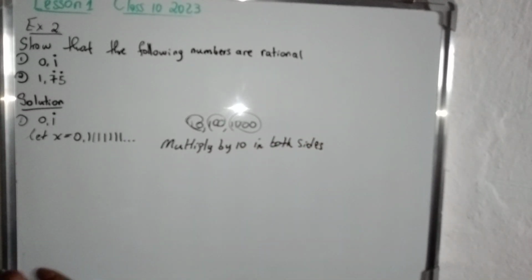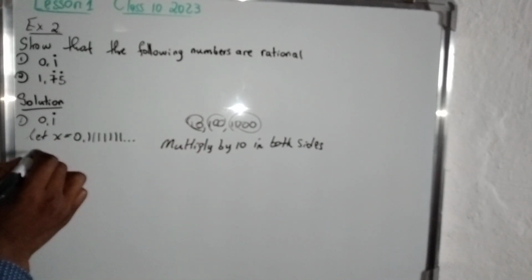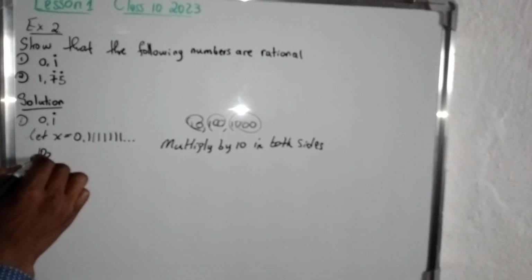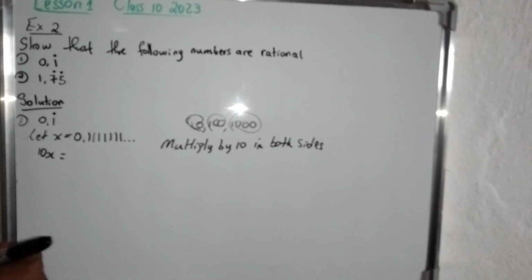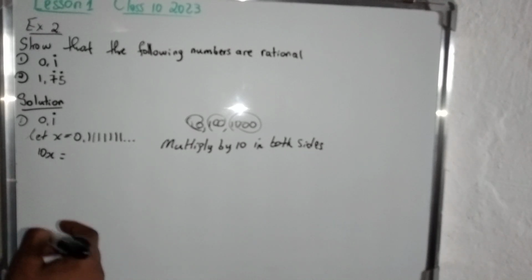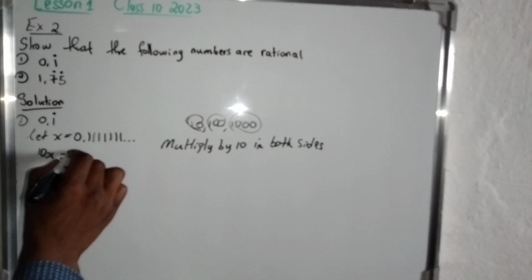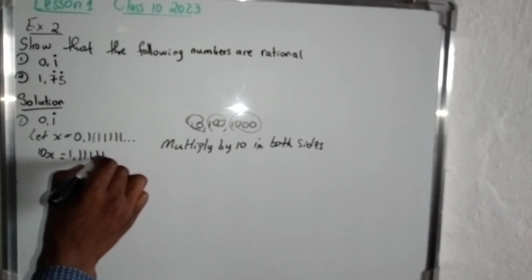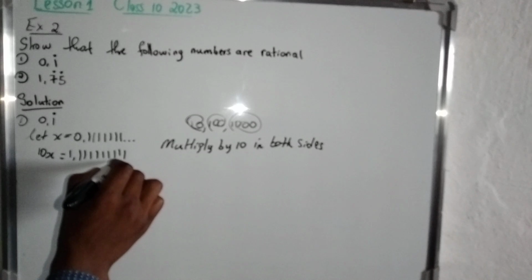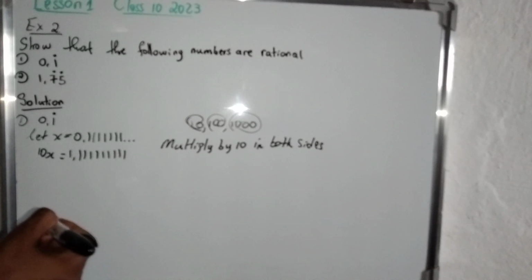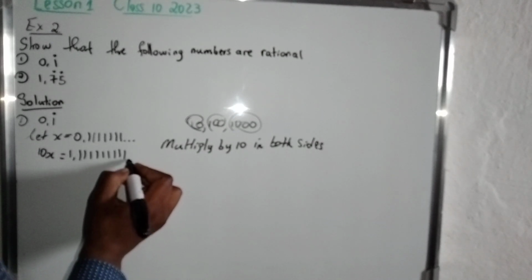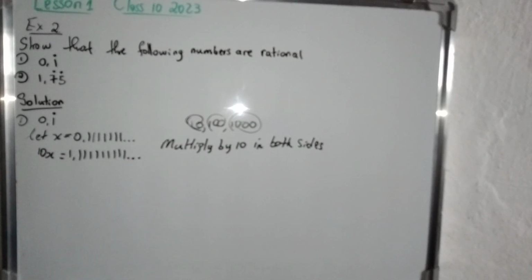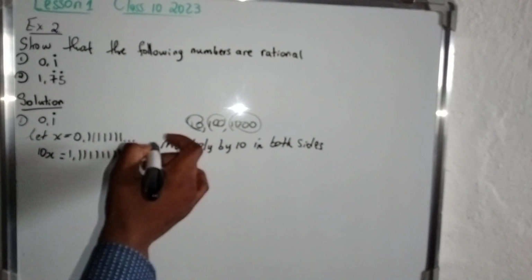So we're going to say 10 times x, definitely it's going to be 10x, and 10 times this number here, definitely it's going to be 1, 1, 2, 3, 4, 5, 6, 7, 8, 9. Let me check if it's 9 really. Yeah, it's 9. You can prove that by pressing this number in your calculator.